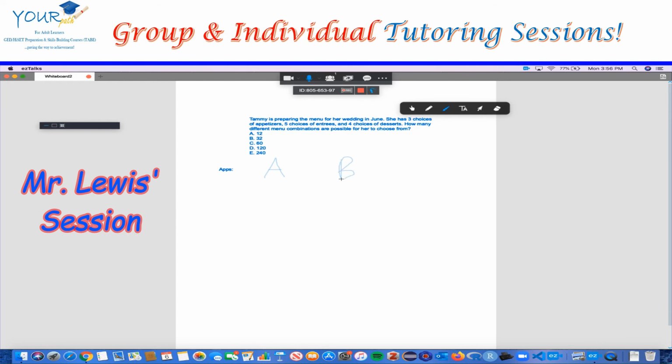Next, for each appetizer, she has a choice of 5 entrees. There are 5 different entree choices. So for every appetizer A, B, and C, there are 5 choices of entrees, and we'll call those 1, 2, 3, 4, and 5 for 5 different entrees.